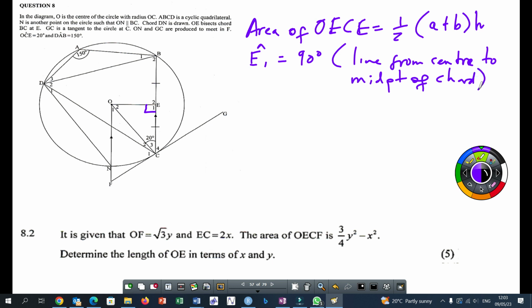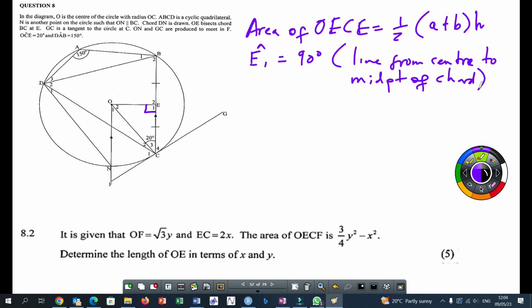Okay? Right? Now, that will make OE my perpendicular height H.